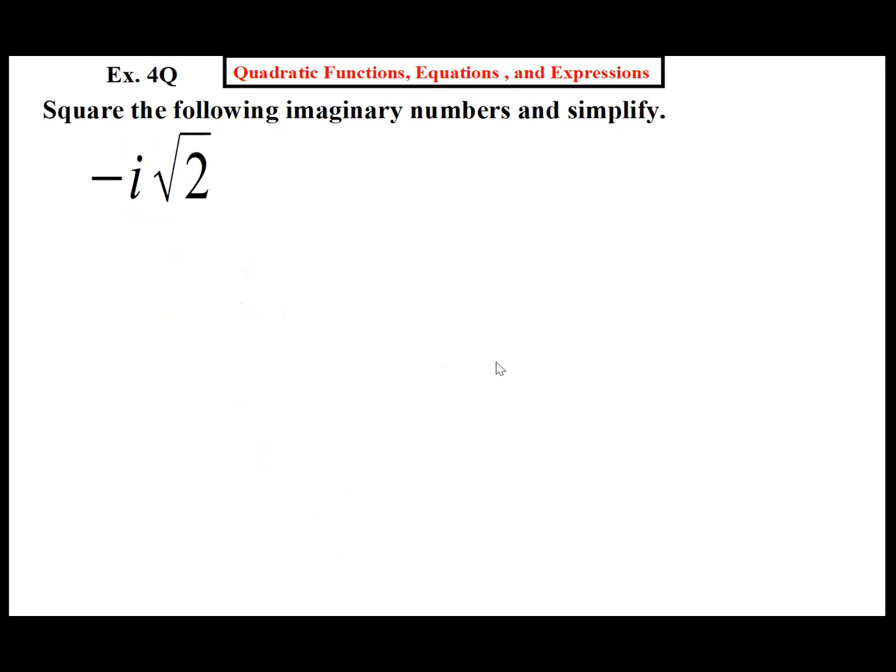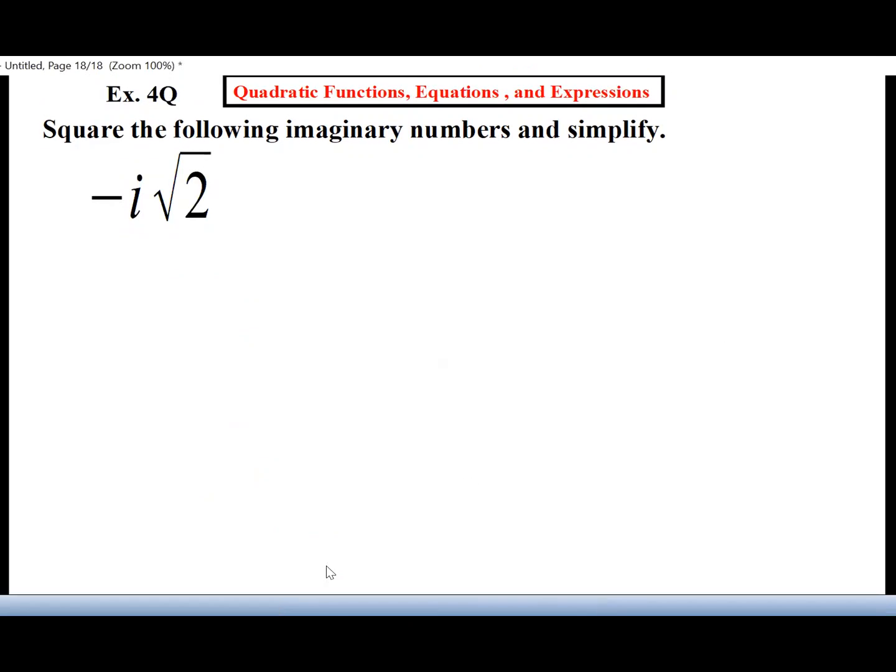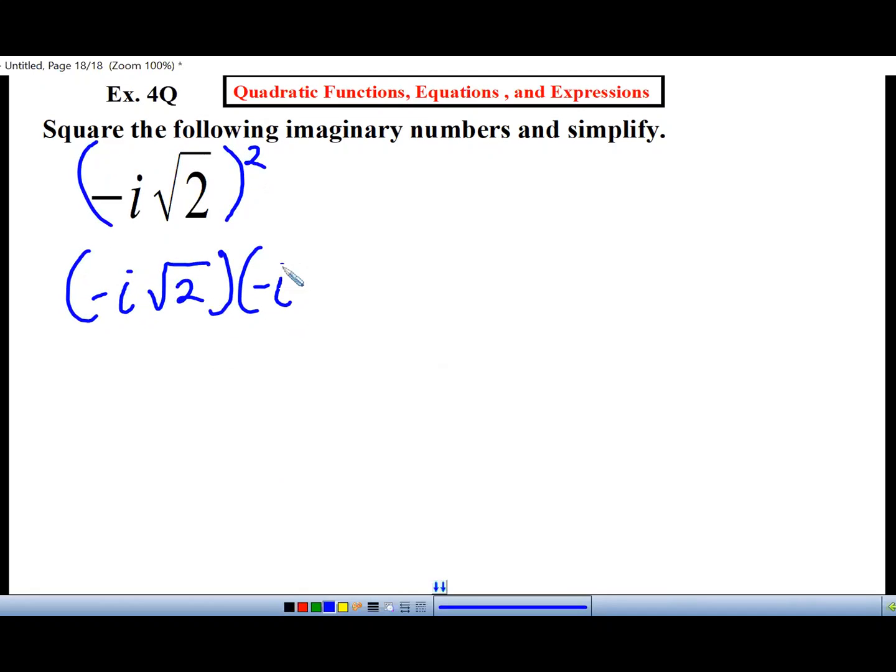Example 4Q. We have -i times the square root of 2. All right, so what are we doing? We're squaring it and simplifying. So let's square this. What does that mean? -i square root of 2 times -i square root of 2.